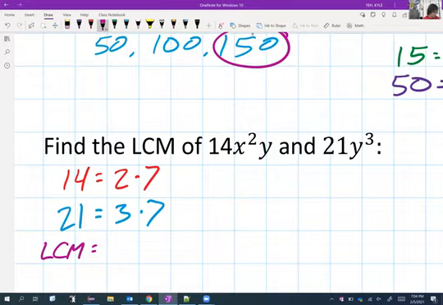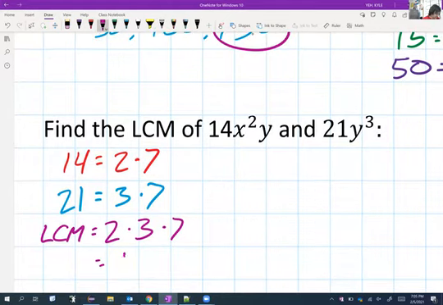I have a 2, and it's just 2 to the first. And I have a 3, and that's just 3 to the first. And then I have 7 to the first on top, 7 to the first on bottom. It doesn't matter which one we take, it's just 7 to the first, because that's the highest power we see. 2 times 3 is 6, times 7, 42. It looks like the LCM of the numbers is 42.